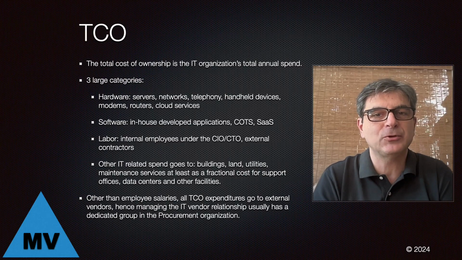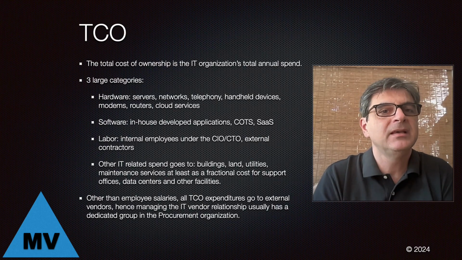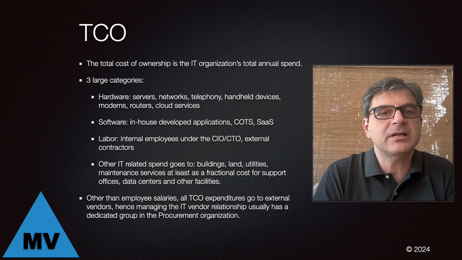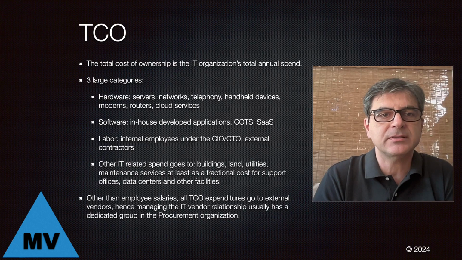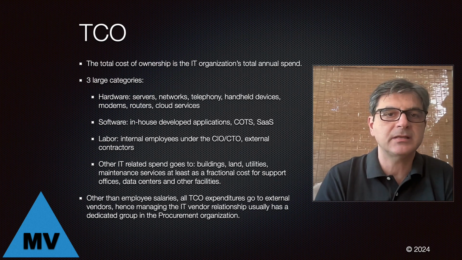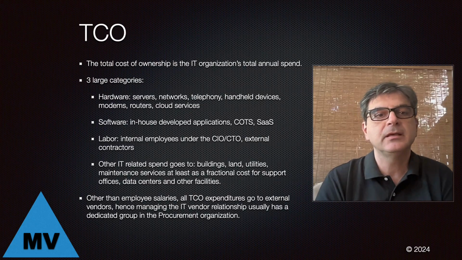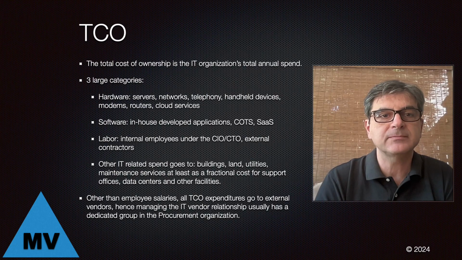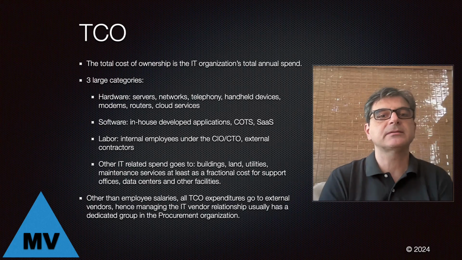TCO, or total cost of ownership. CIOs love it. The total cost of ownership is the IT organization's total annual spend. There are three large categories in the TCO: hardware, and that would be the servers, the networks, telephony, handheld devices, modems, routers, cloud services. The second category is software. That would be in-house developed applications, COTS, or SaaS, software as a service.